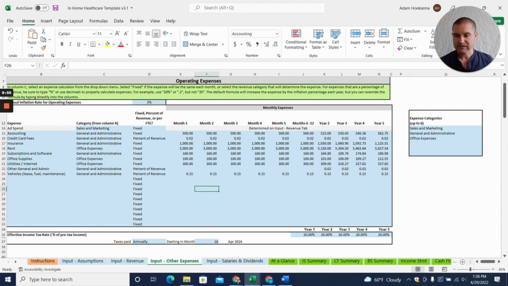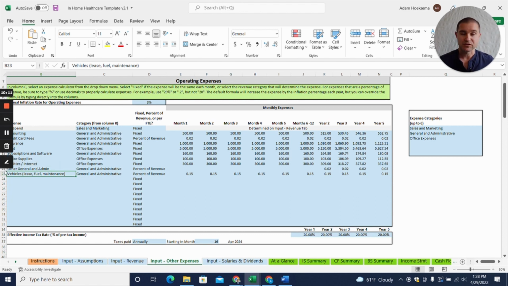One thing I've listed down here as a typical expense probably for a home healthcare business, a relatively major expense depending on your model, would be the vehicle cost. And so there's different options, whether I guess you could buy the vehicles, you could lease vehicles, you could have the staff use their own vehicles and reimburse them. One way or another, you're going to need vehicles to provide these home healthcare services.